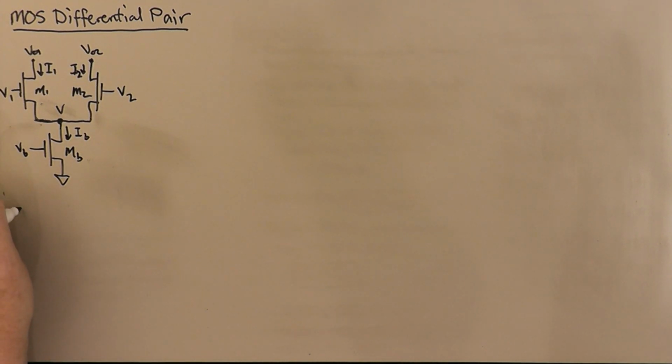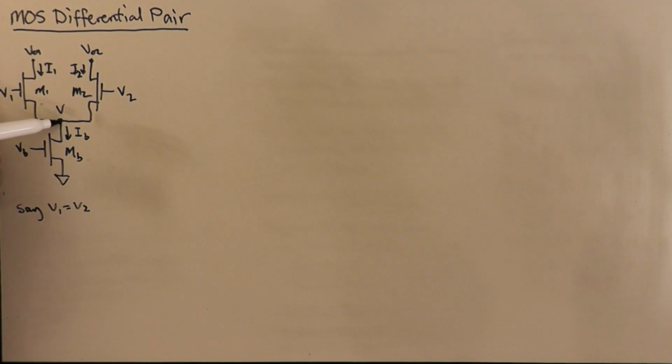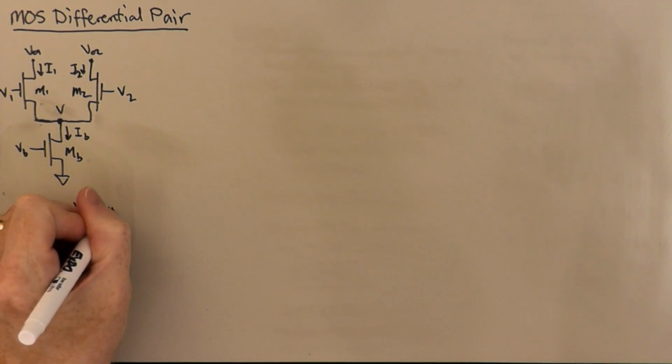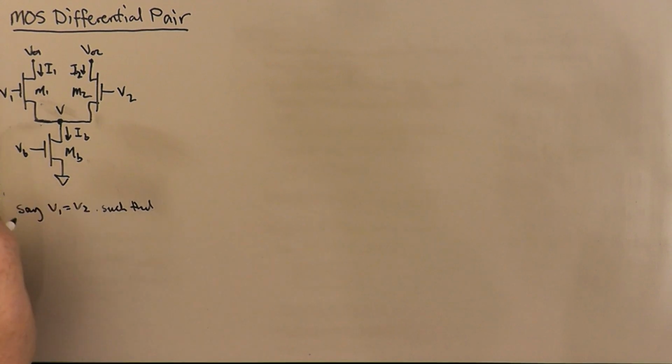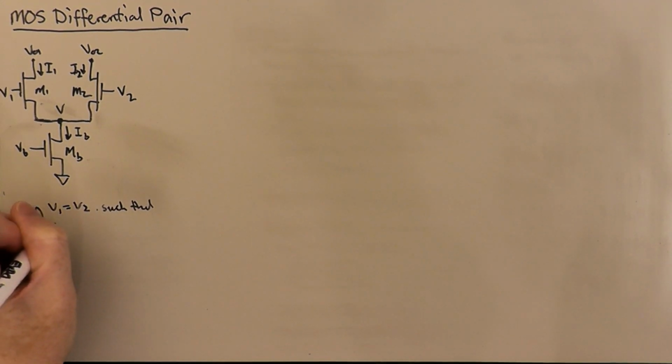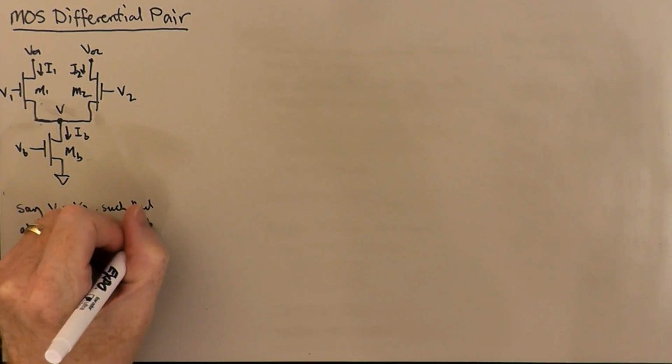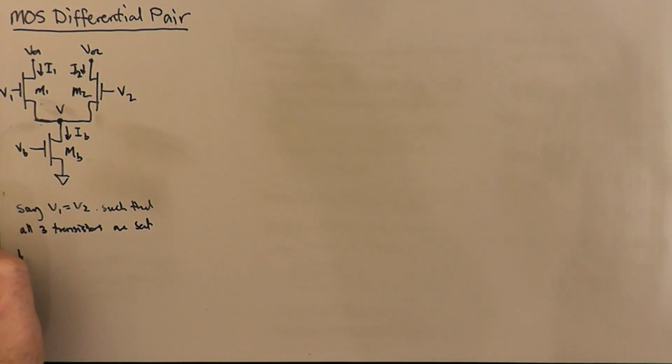So let's say V1 equals V2, somewhere in the middle of the rails, high enough to make V above VDS sat, but far enough below VO1 and VO2 so that these two transistors are saturated. So all three transistors are saturated. Now let's suppose we start decreasing V2.